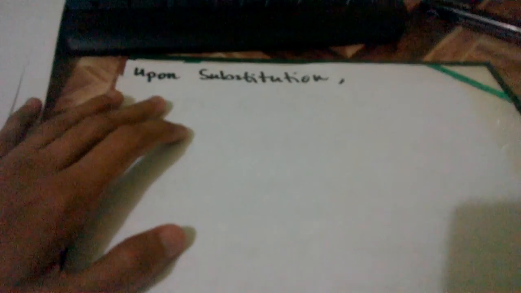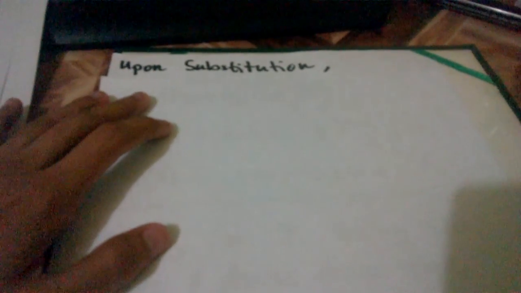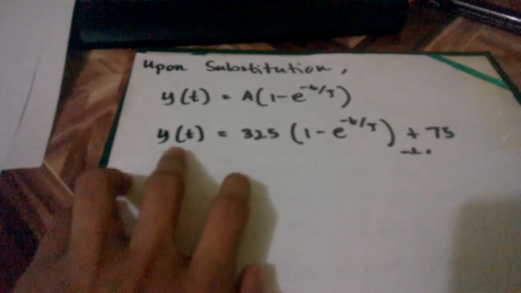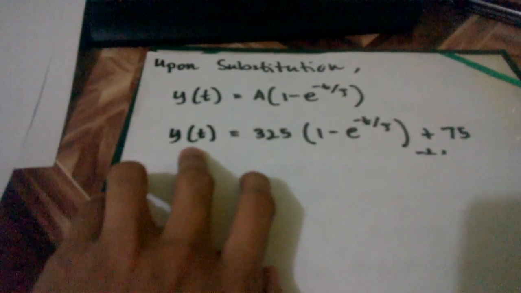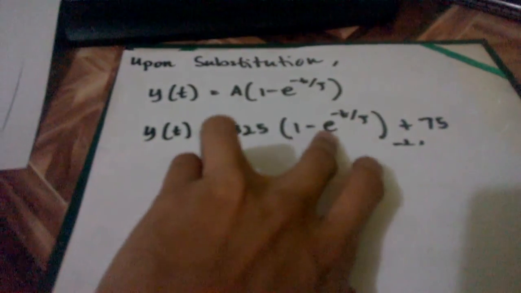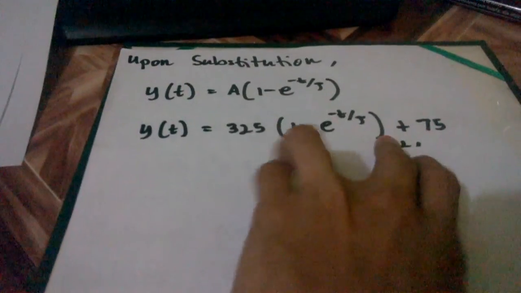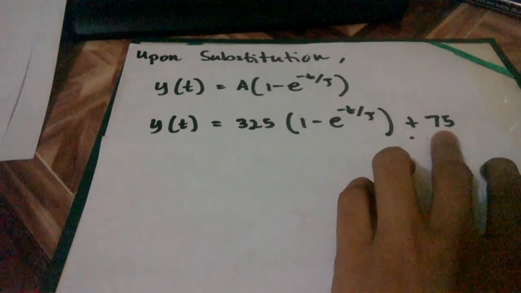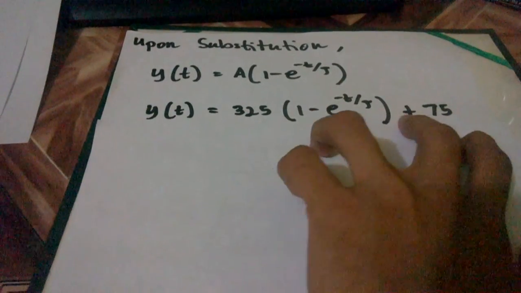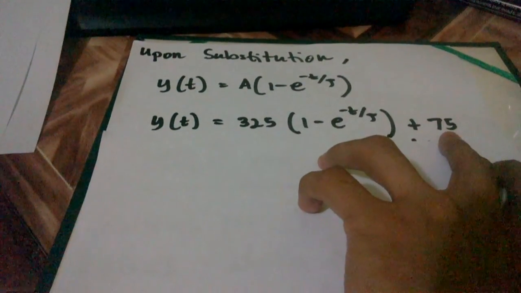Okay. Now that we have our magnitude of response, which is 325, we can substitute the value of A into our working equation. Upon substitution, we have y of t is equal to 325 times 1 minus e to the negative t over tau plus 75. Note that we added 75 degrees Fahrenheit in our working equation, since this is the initial temperature of our thermometer.